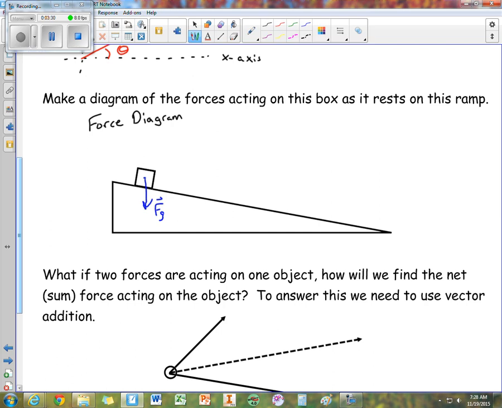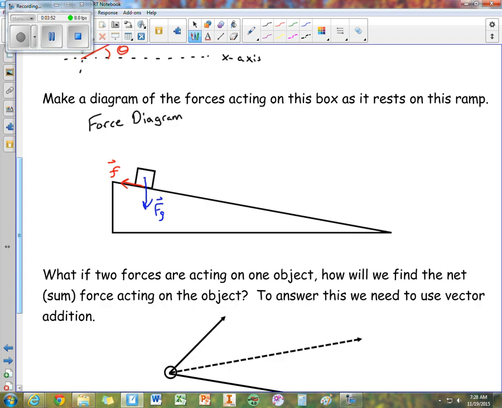Also, there's something that's preventing this box from sliding down the ramp. That would be friction. I like to use a script F for friction. Now, this box is applying a force onto the ramp. So the ramp must be applying a force against the box.